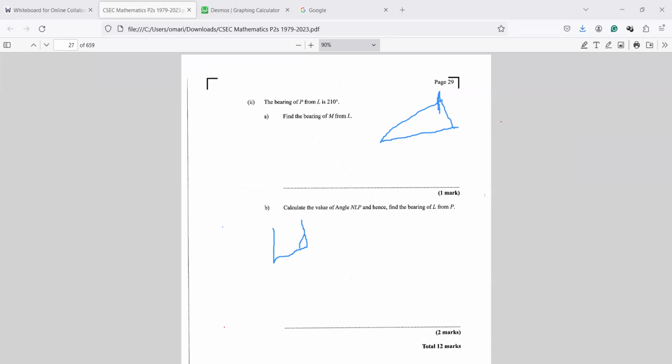All right, so they gave us this entire angle here to be 210. We know that angles in a circle is equal to 360. So we can easily find this little section here. So 360 minus 210, you should end up with about 150. So our angle here is 150.